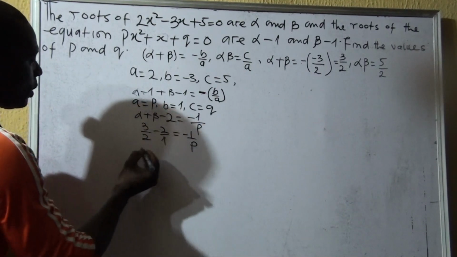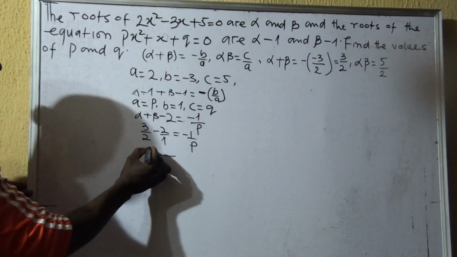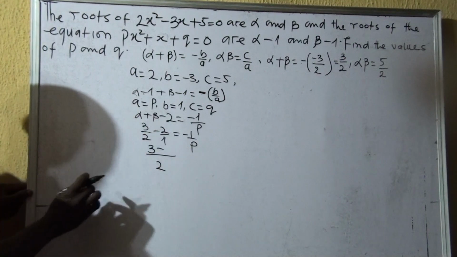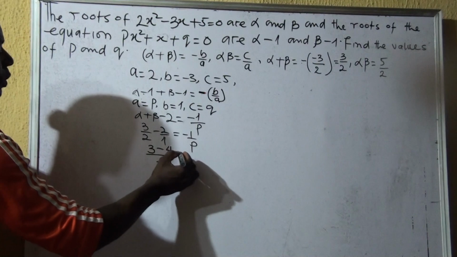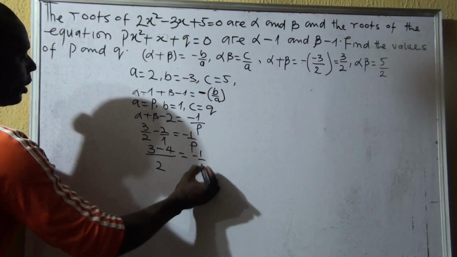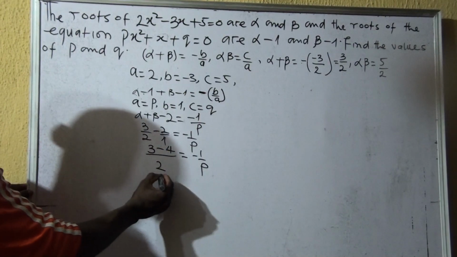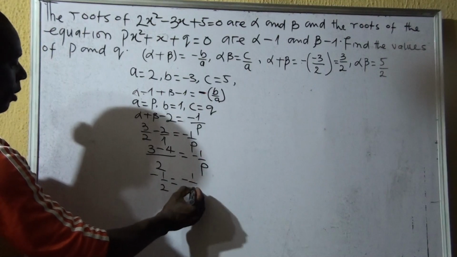This is a fraction, so we take the LCM, which is 2. 3 minus 4 gives minus 1 over 2, which is equal to minus 1 over p.